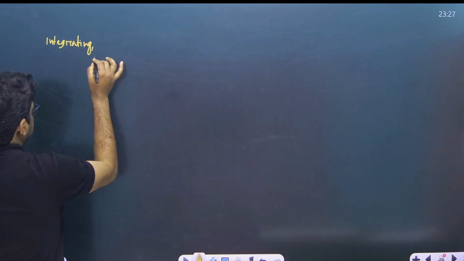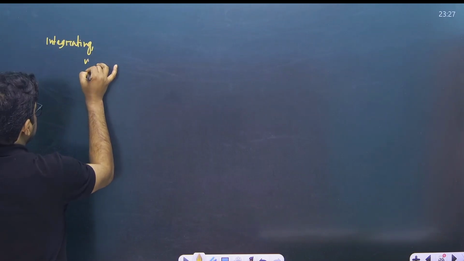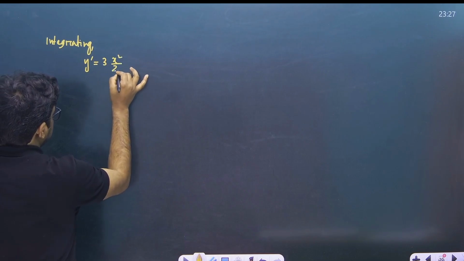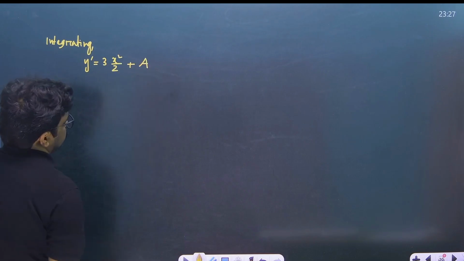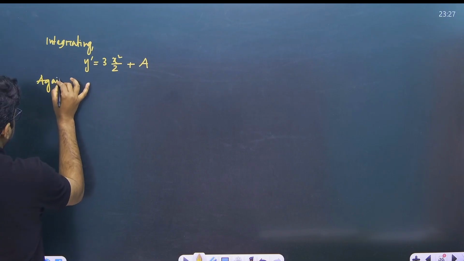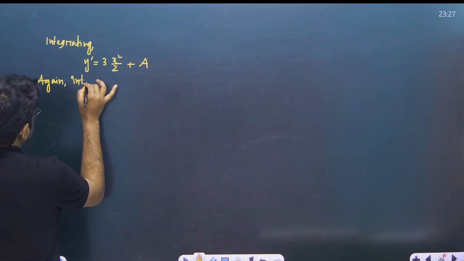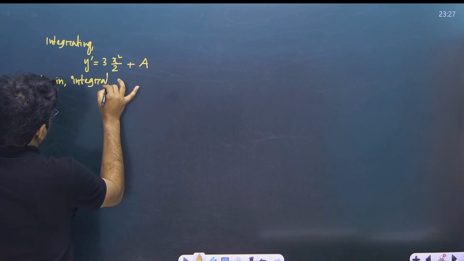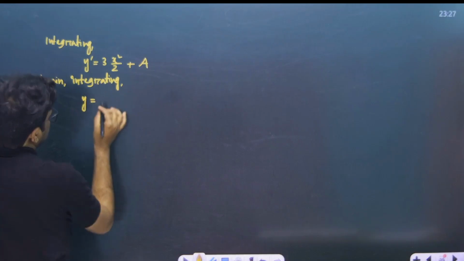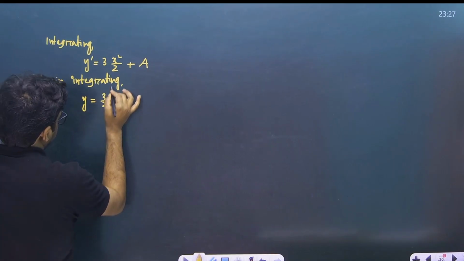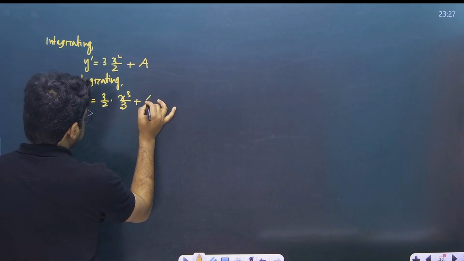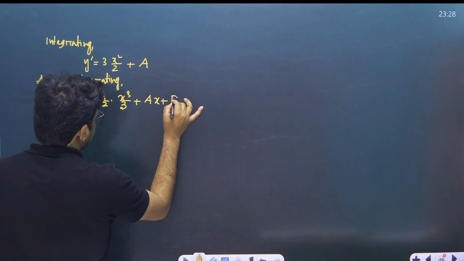So dy/dx, that is y dash, is equal to 3 into x square by 2 plus an integrating constant, suppose a. Integrating again, we get y is equal to 3 by 2 into x cube by 3 plus ax plus an integrating constant, suppose b.